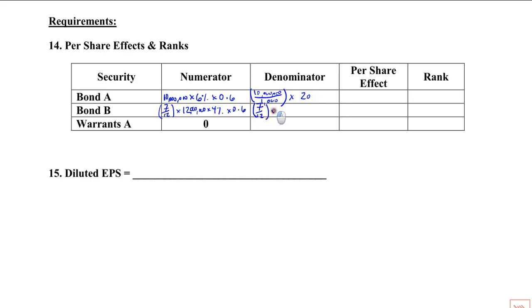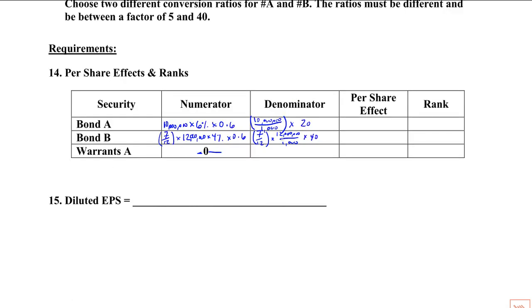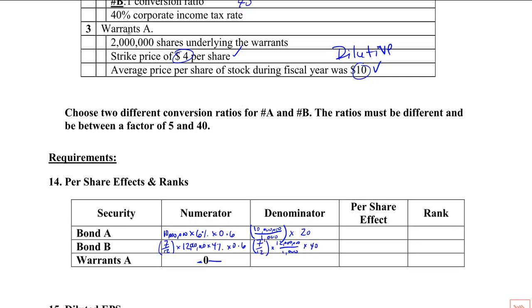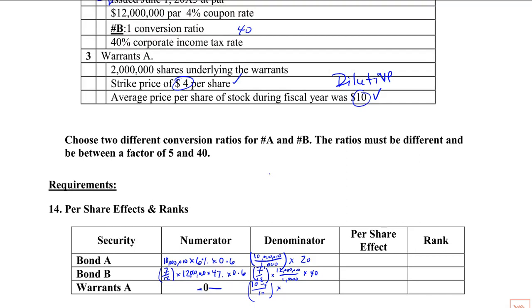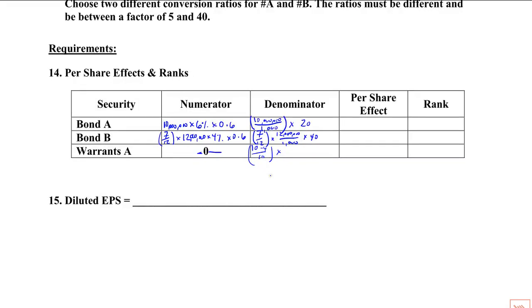So the shares are only outstanding 7/12 times 12 million over 1,000 times the conversion ratio of 40. Now warrants, we already determined they're dilutive, so the numerator is always 0. The denominator is the net issue shares under the treasury stock method, which is, I think I remember it, 10 minus 4 over 10 times the number of shares underlying, 2 million.